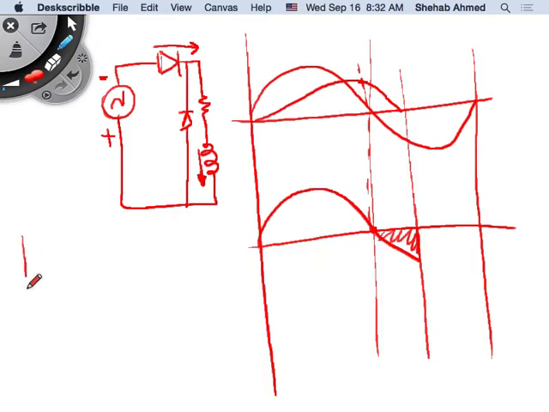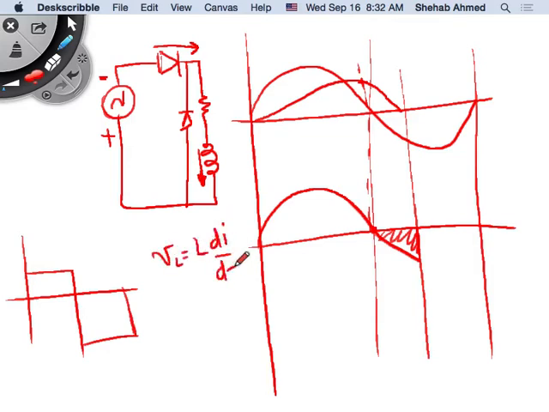So remember, when you have a voltage that's positive across an inductor versus when you have a voltage that's negative across an inductor, VL is equal to L di/dt, right? I is equal to 1 over L integral of VL dt. The current through an inductor is equal to the integration of the voltage across the inductor.